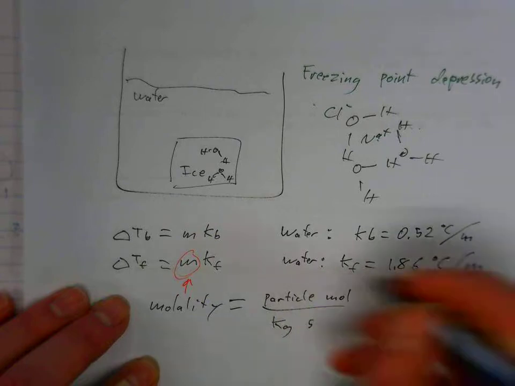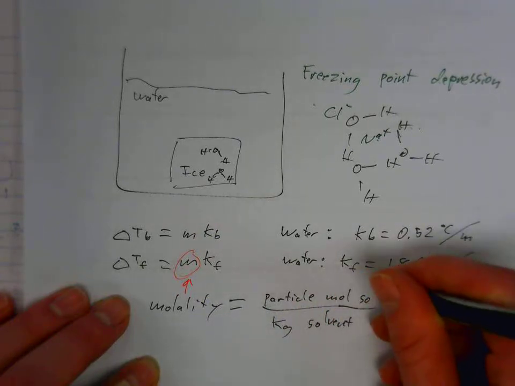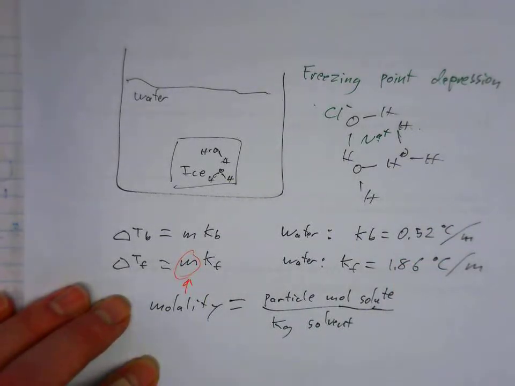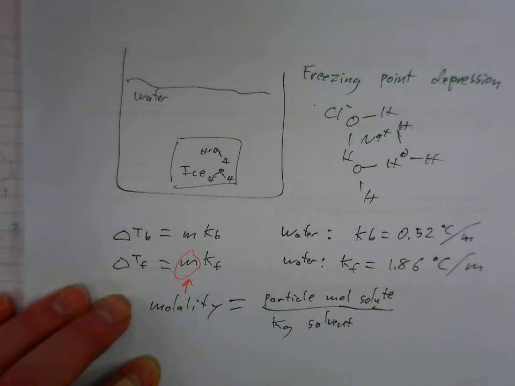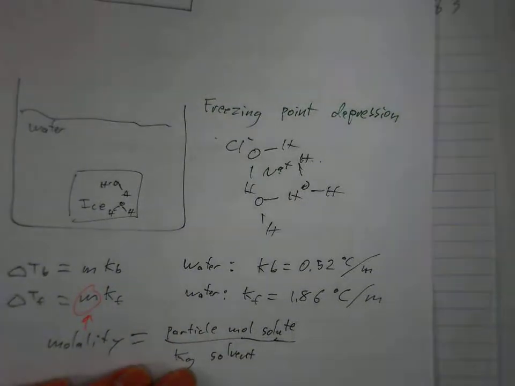So molality is needed because it's a unit that takes into account the fact that some things dissociate. For instance, salt, NaCl, when it's put into a solution, it breaks up into Na plus and Cl minus ions.